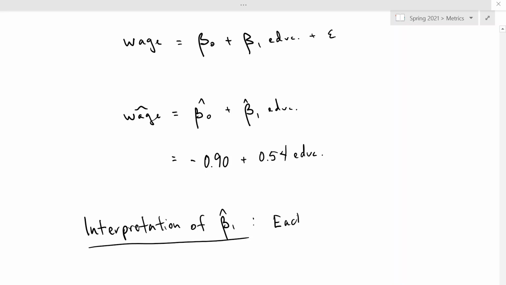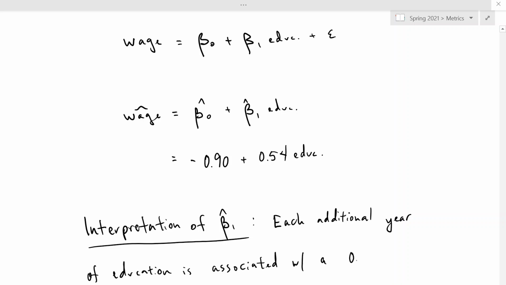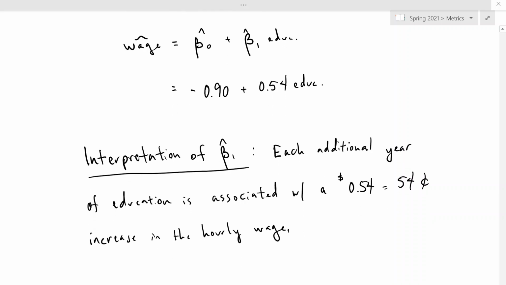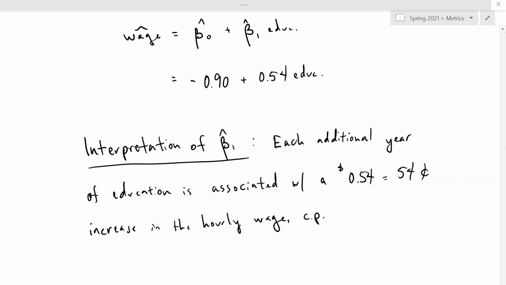This is saying that each additional year of education is associated with a 0.54, or a 54-cent, increase in the hourly wage, ceteris paribus, all else held constant.